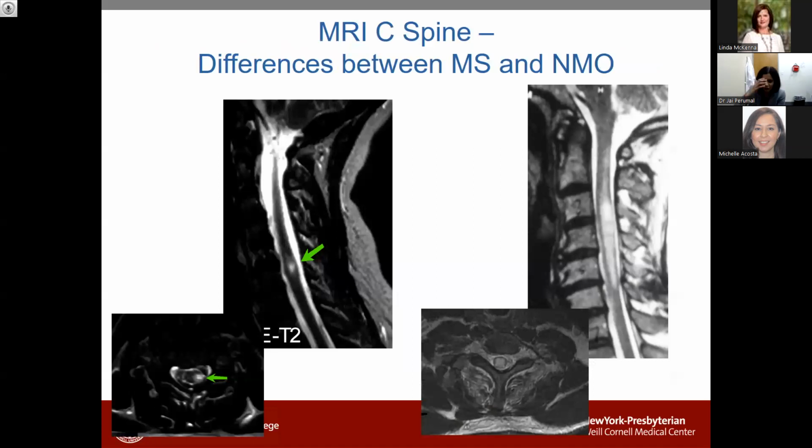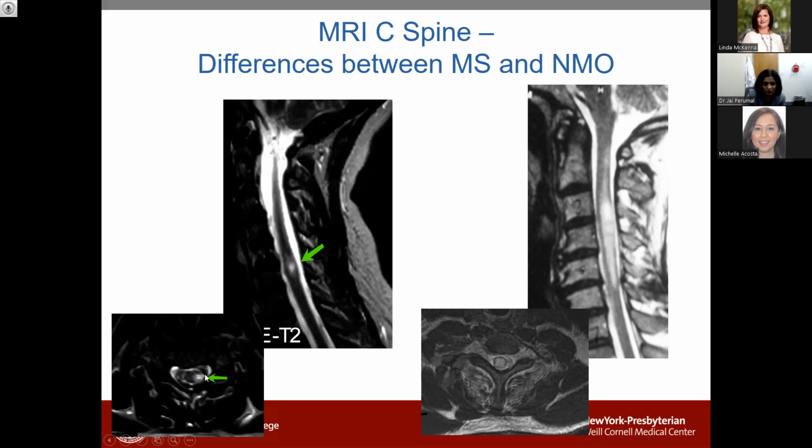This is what I was alluding to earlier when I said we need to look at how the spinal cord lesions look in helping distinguish MS and neuromyelitis optica, or NMO. So these are MS lesions. An individual lesion covers pretty much one vertebral segment. In NMO, the lesion extends three or more vertebral segments longitudinally.